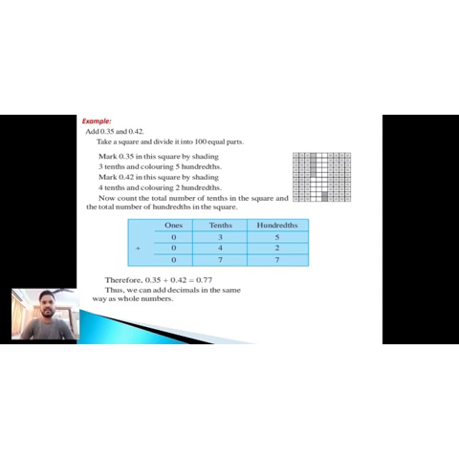Example. In this we have to add 0.35 and 0.42. So simple. Take a square and divide it into 100 equal parts. Okay. Now in these 100 equal parts, the strips represent tenths values and the small square box represents hundredths value.